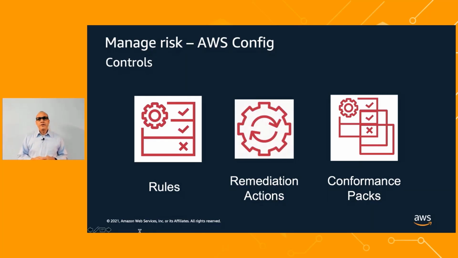Now, the third feature that you see here that is very important to understand when you're talking about defining those controls is conformance packs. What conformance packs allow you to do is take a group of these rules and these remediation actions and put them into a single entity.